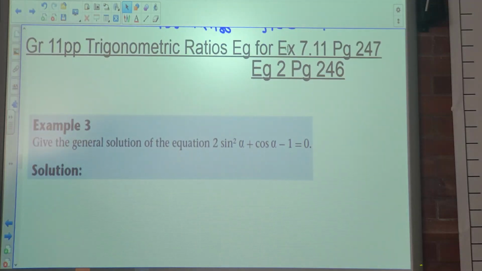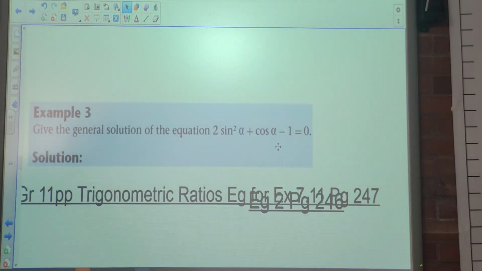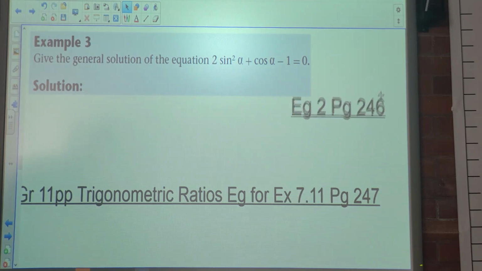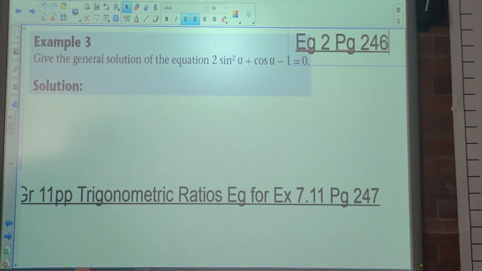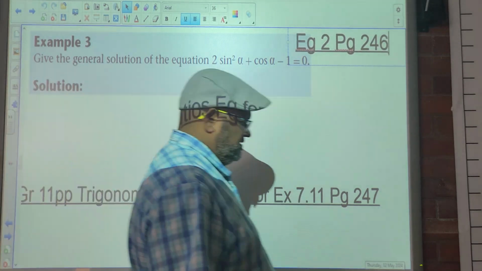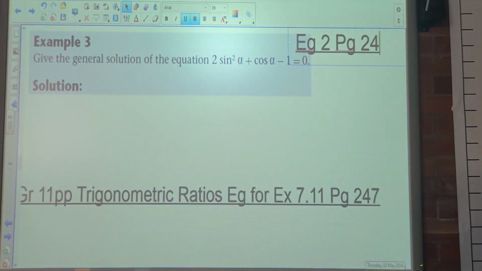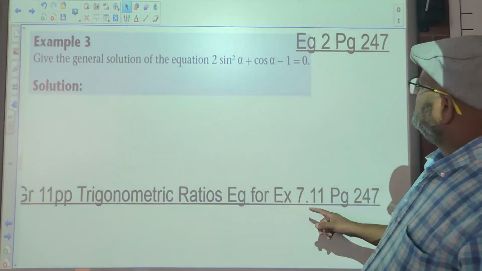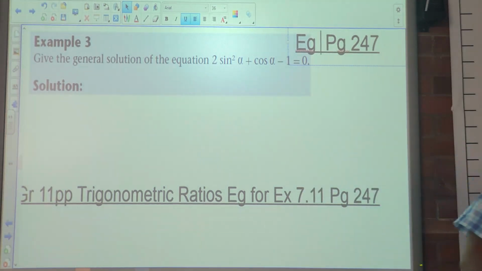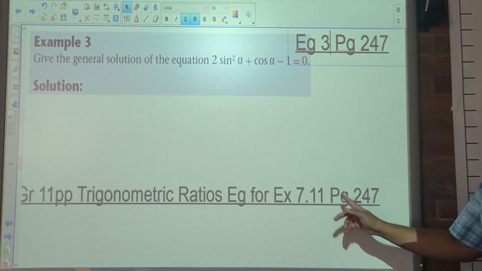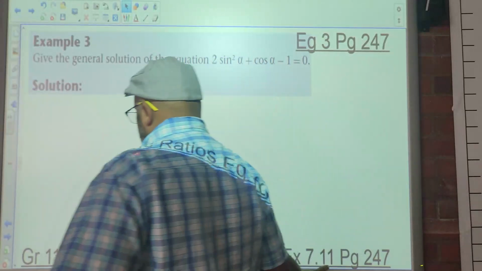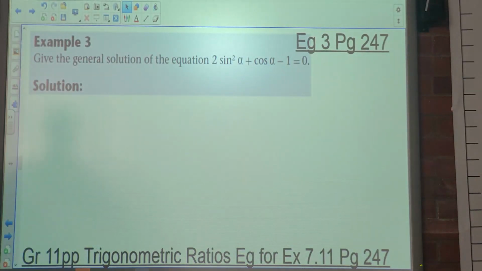Look at example 3. Example 3 is on page 247. Give the general solution of the equation 2 sine squared alpha plus cos alpha minus 1 is equal to 0.